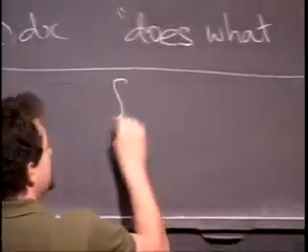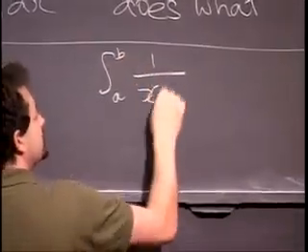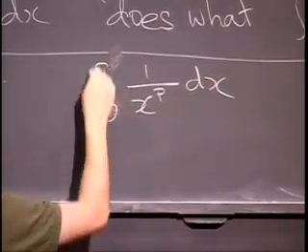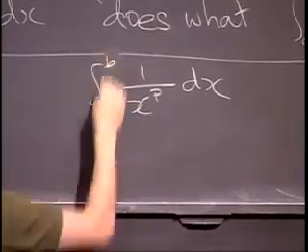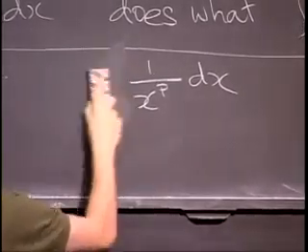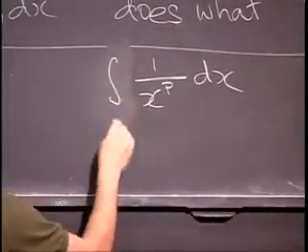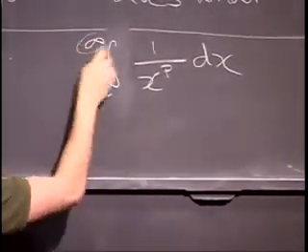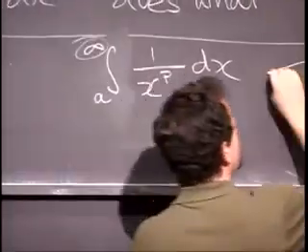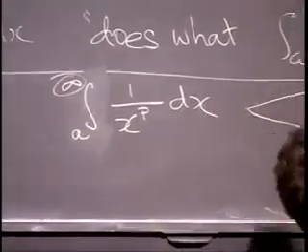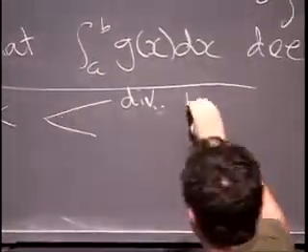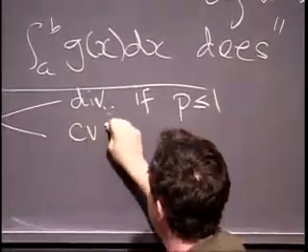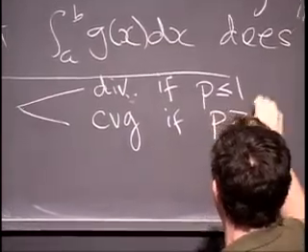So in particular, just to remind you what it says, if the problem spot is at 0, actually I did the infinity case first, just to be consistent with what I did last time. If it goes from a to infinity, so the problem spot here is at infinity, you need to know that this diverges if p is less than or equal to 1, but converges if p is greater than 1.